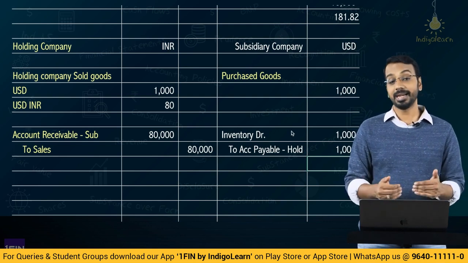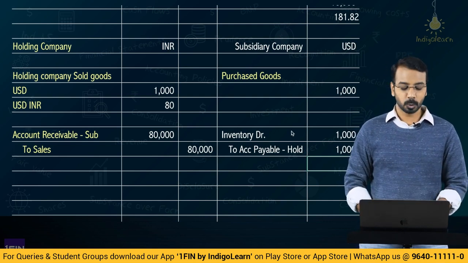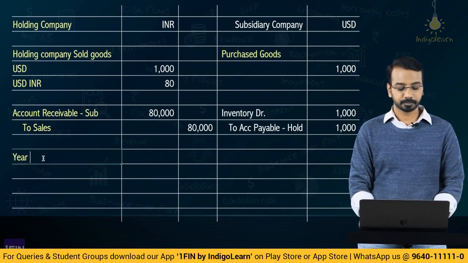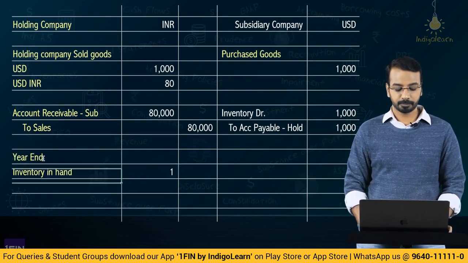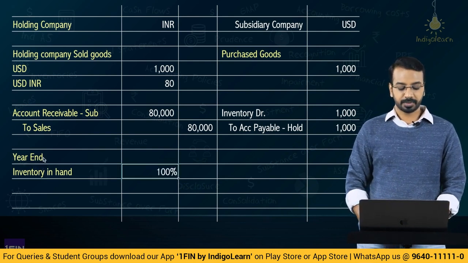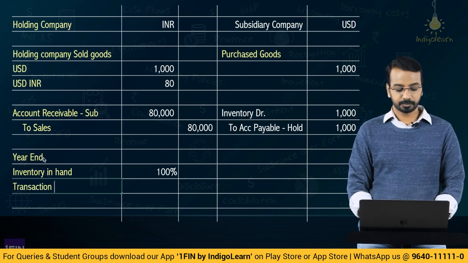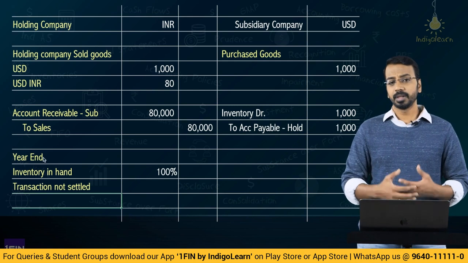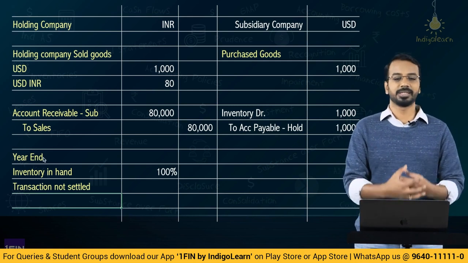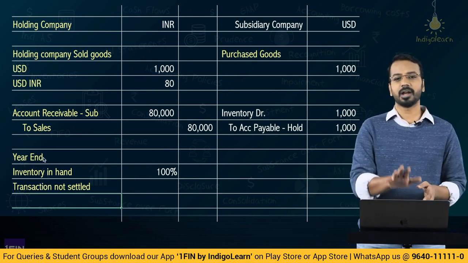First thing. Second, this transaction is not yet settled. So, at the year end, inventory in hand 100% and transaction not settled.